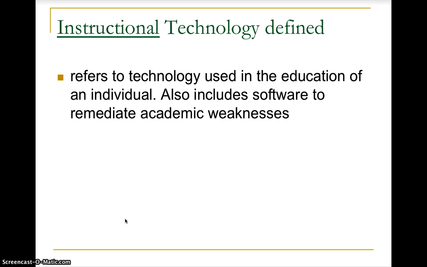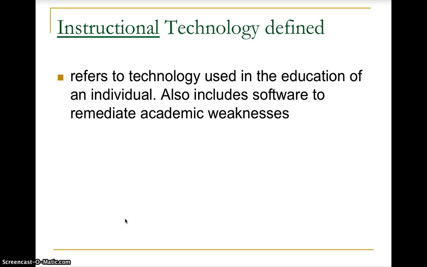To remediate is to try to close a gap, usually in achievement. So if I'm behind a year in reading, we do some strategies, right? And we might make some accommodations to be able to catch up. That's remediation.